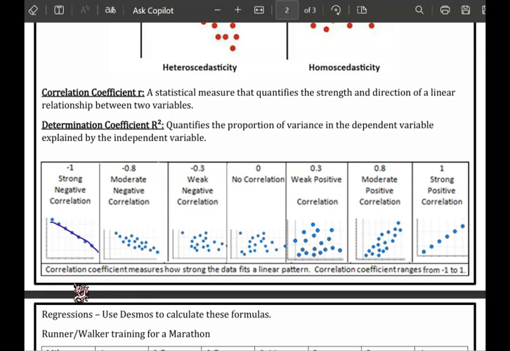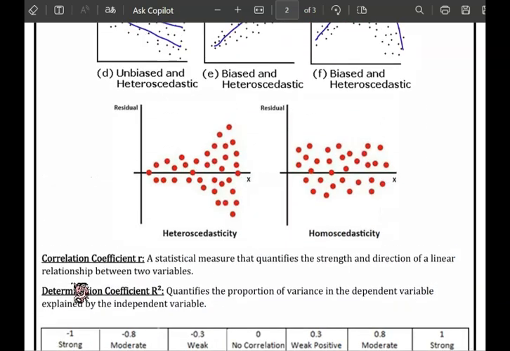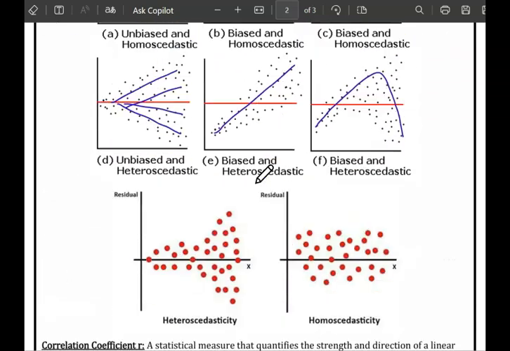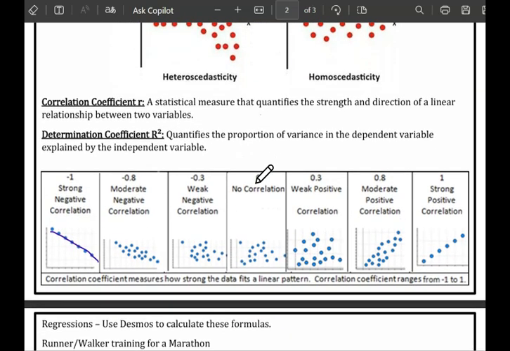And if it's in between negative 0.5 and 0, it'd be a weak negative. No correlation is when it's all scattered. Now, we don't want that with the actual scatter plot, unlike the residual plot. And then the positives would be anything greater than 0, 0 to 1.